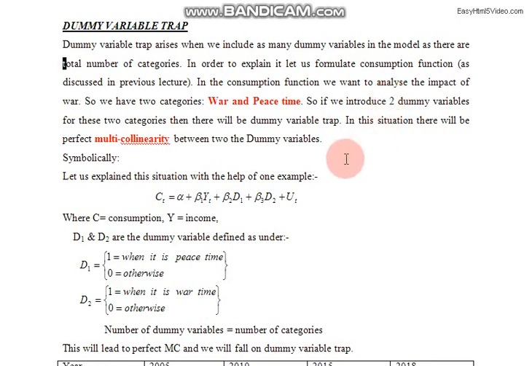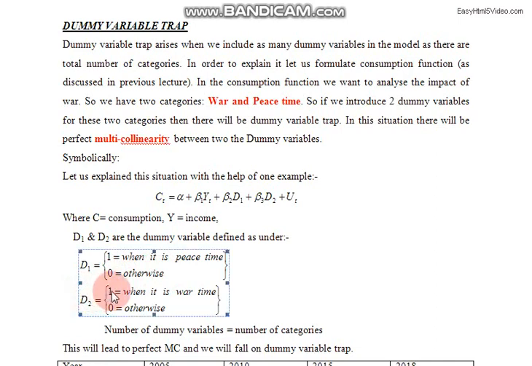So first of all, consider the following model. This is your consumption function. Ct is equal to alpha plus beta 1 Yt plus beta 2 D1 plus beta 3 D2 plus ut. Here D1 and D2 are two dummy variables, where Y is the income and C is the consumption. What is D1? D1 will have value 1 when there is peacetime and value 0 if there is war.